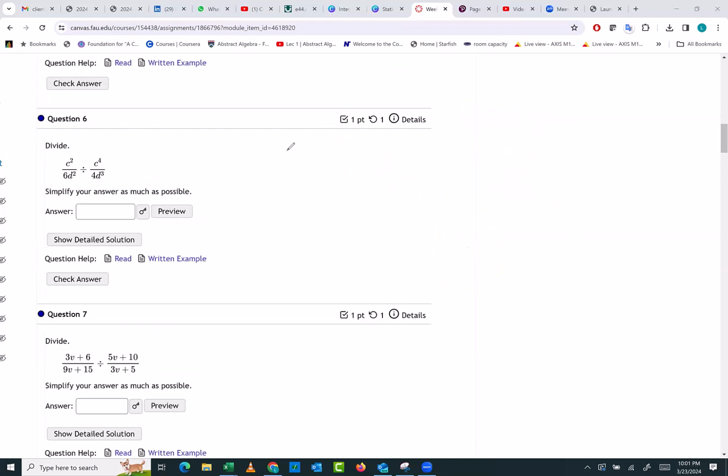If I have c squared divided by 6d squared divided by c to the 4th over 4d to the 3rd. Whenever we divide fractions, we always have keep, change, flip.